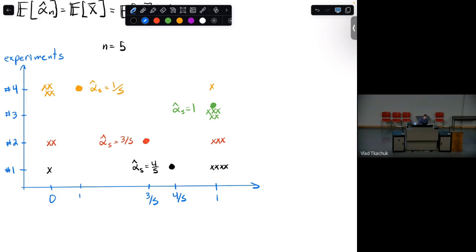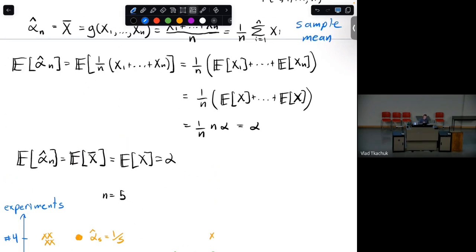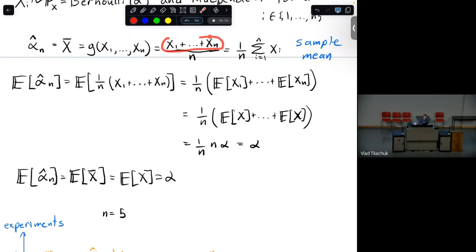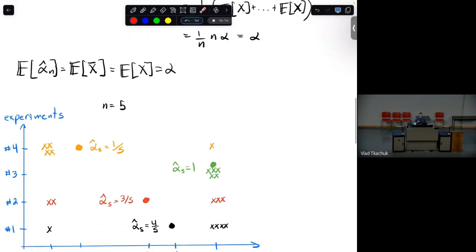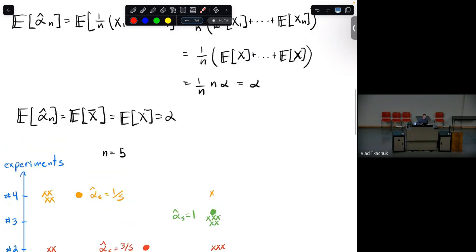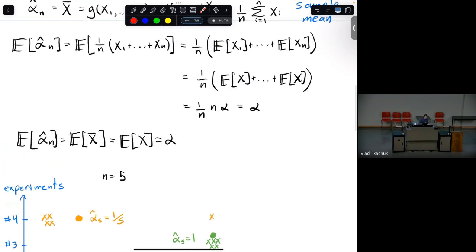So you can see that depending on the values that these random variables take on, which is these 5 things in your actual experiment, the sample mean could be very different. And so what did we calculate here? What we calculated was the expected value of this thing across all possible flips of 5 coins and their corresponding probabilities.